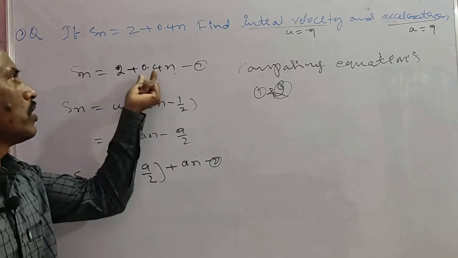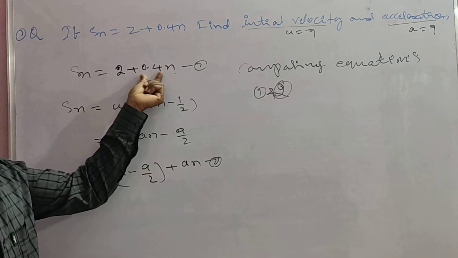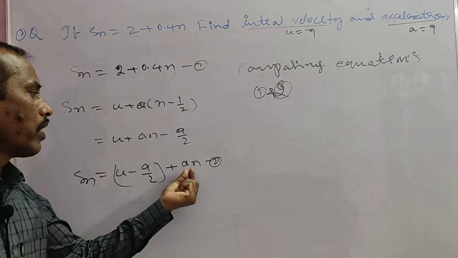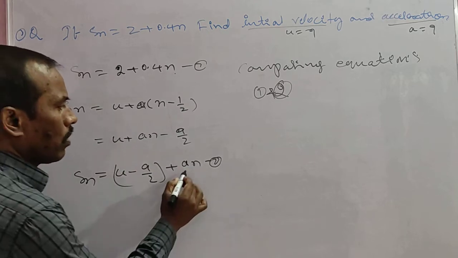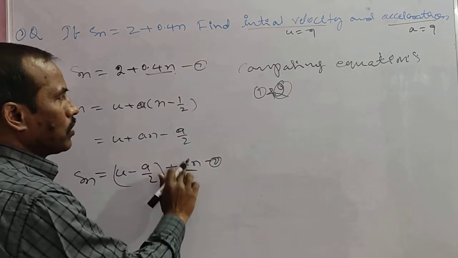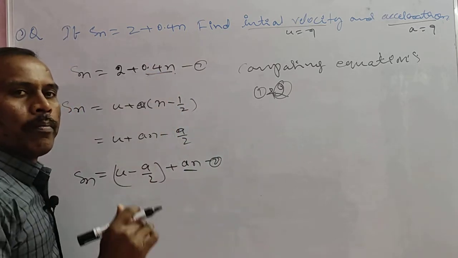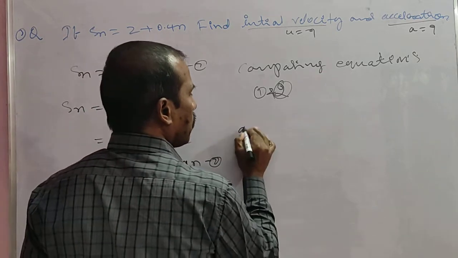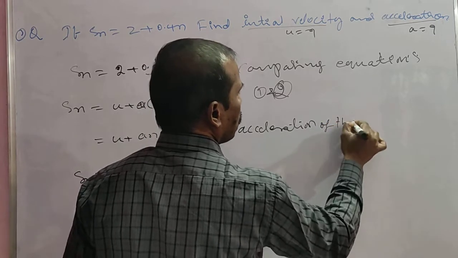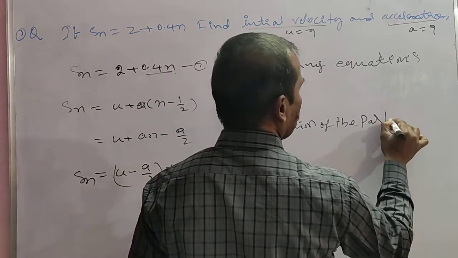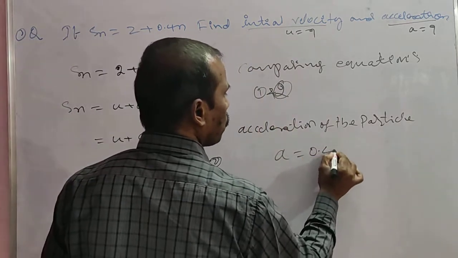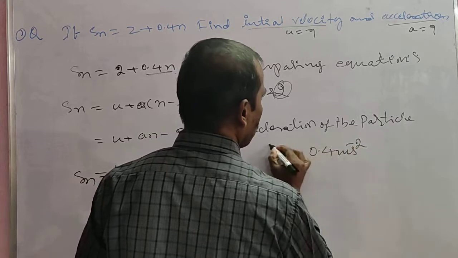The n cancels, so a is equal to 0.4 meter per second square, the acceleration of the particle.